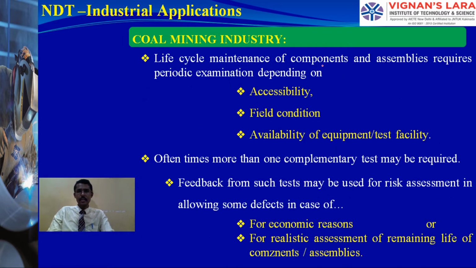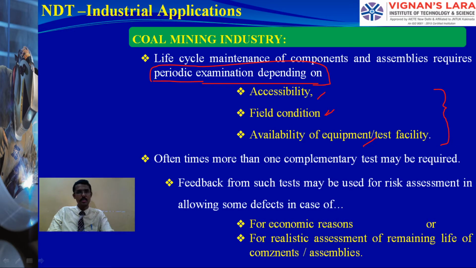Life cycle maintenance of components and assemblies requires periodic examination. Here and there we should inspect to maintain quality in the workplace. Accessibility, field conditions and availability of equipment are all three interrelated. For field conditions, we should inspect in summer and again in winter, or every three months.